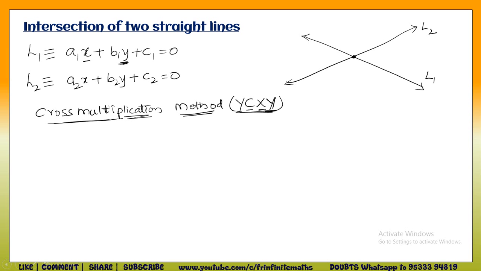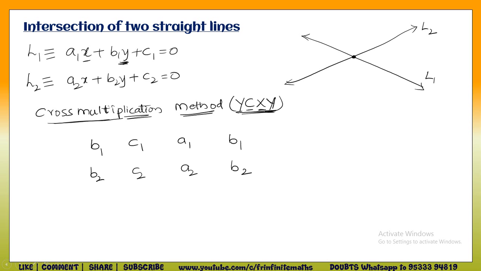That's why it is called the YCXY method, right? Now writing down the coefficients, we get B1, next C1, next A1, next B1. The same way for the second equation, writing down YCXY, those are B2, C2, A2 and B2, right?